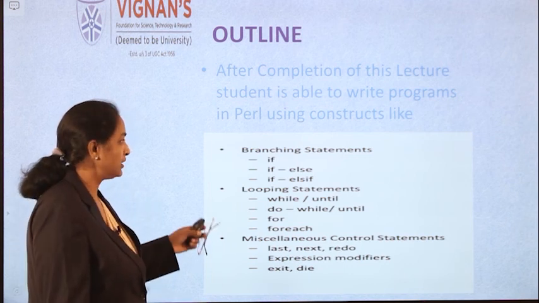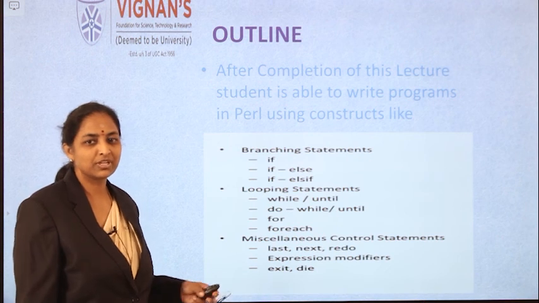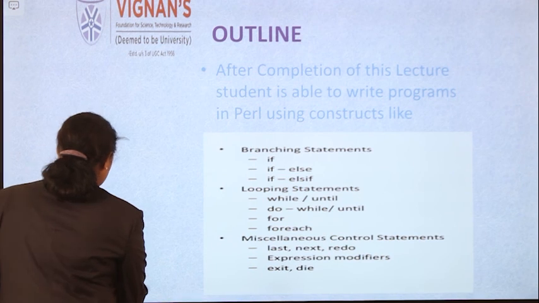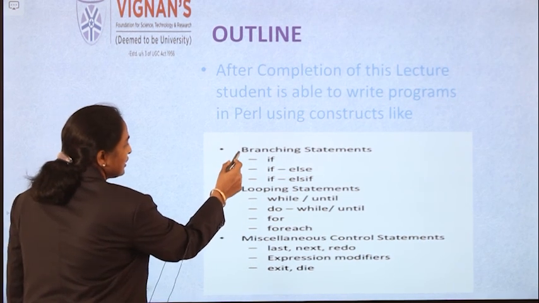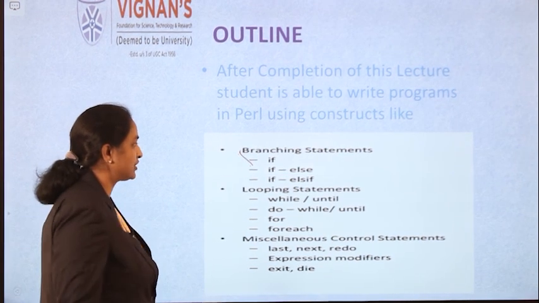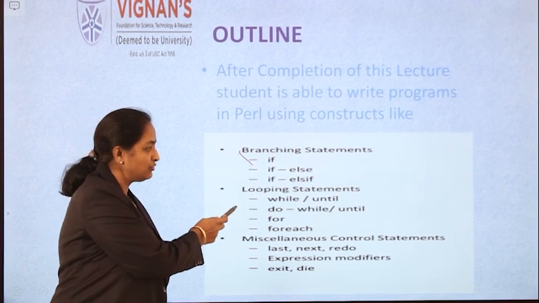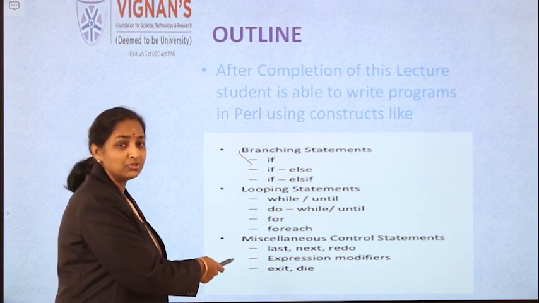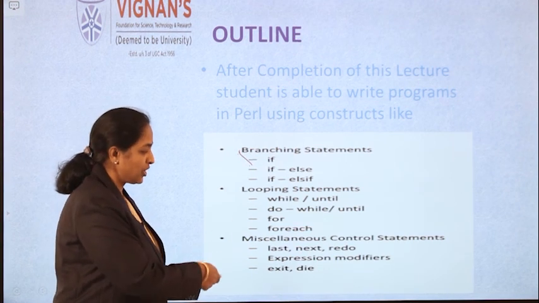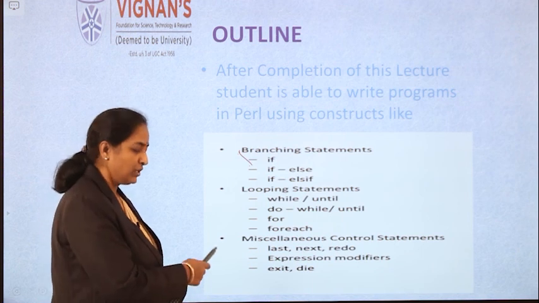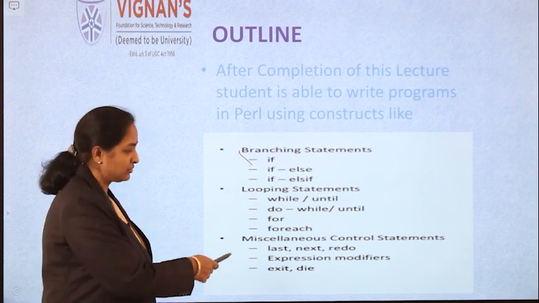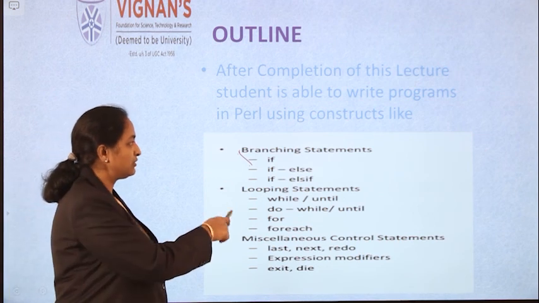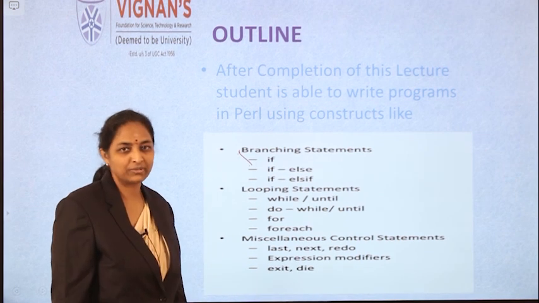So the branching statement is nothing but the if statement. Later on we will come across the loop statements and miscellaneous statements, which are useful to stop the loop, to repeat the loop, or to exit the loop conditions. Some miscellaneous statements also we will see. Out of these, first we will start with the if statement.